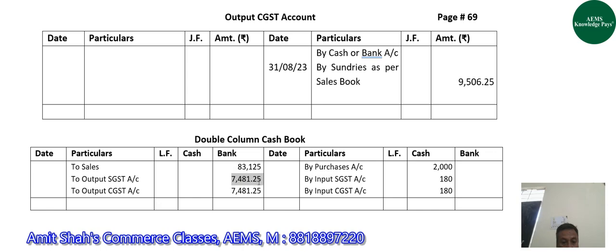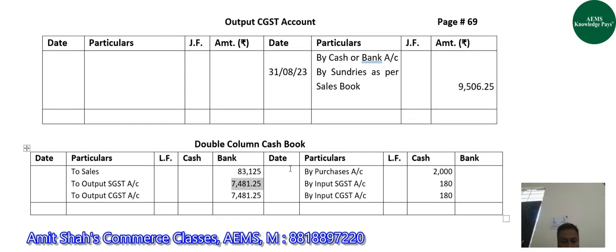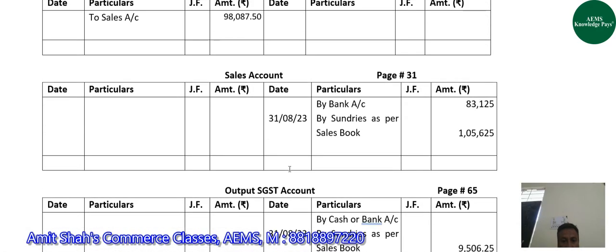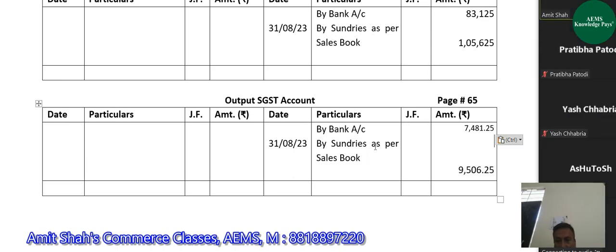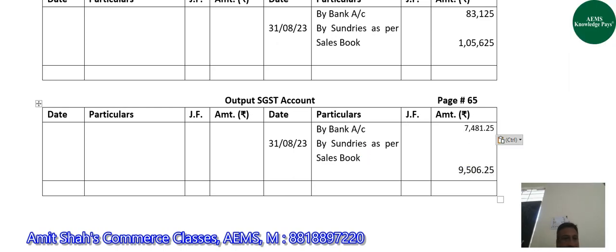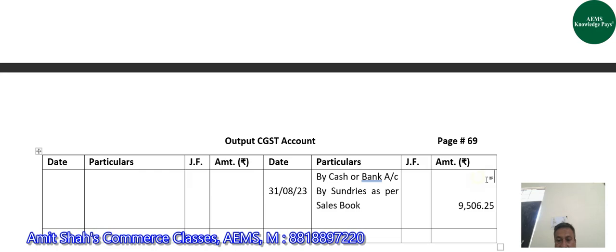Now this will go on the credit side of output SGST account. So here we will have by bank with 7,481.25. And the same way we will have it in output CGST account by bank.